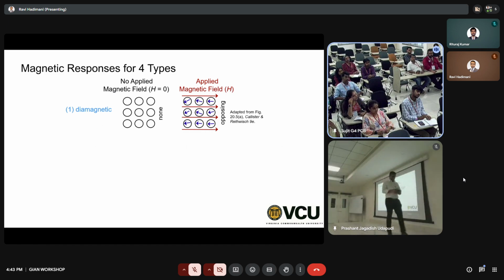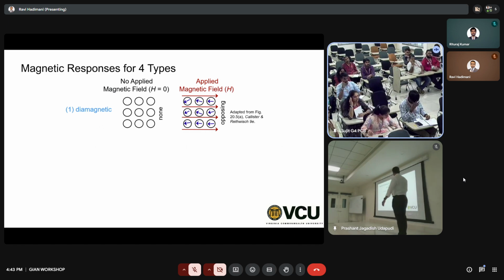Now, in a diamagnet, if you don't apply any field, this is what you see. There is no effect from individual spins or individual electrons. But if you apply a field in this direction, the red arrow, what happens in a diamagnetic material is the spins oppose the applied magnetic field.